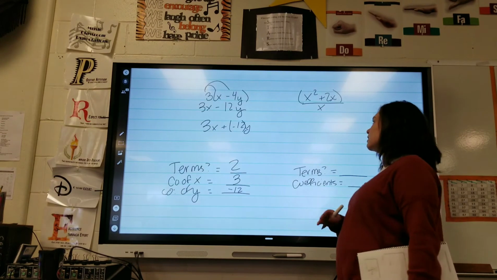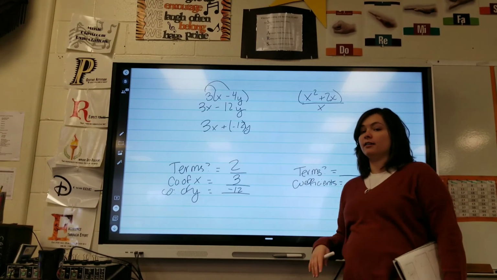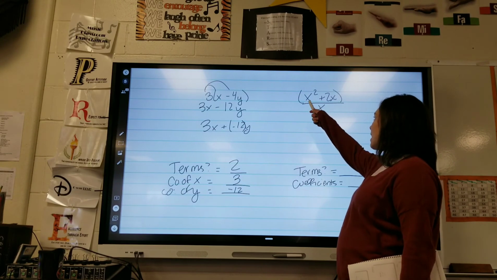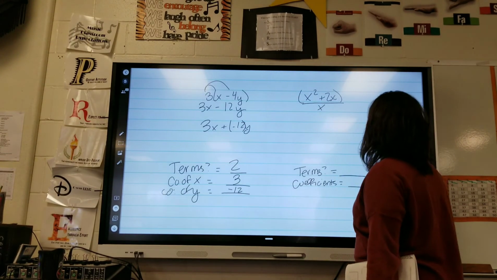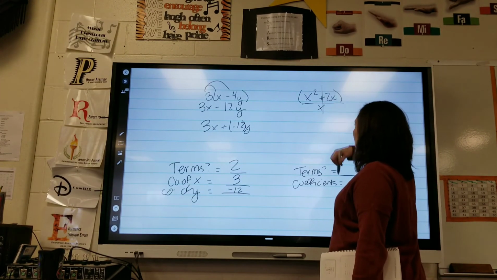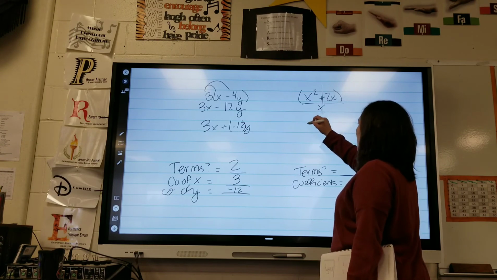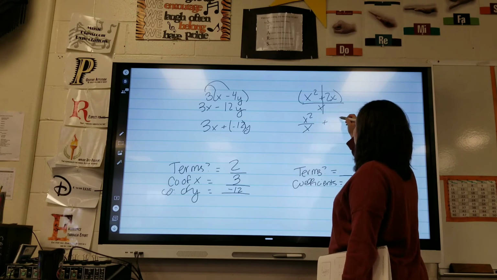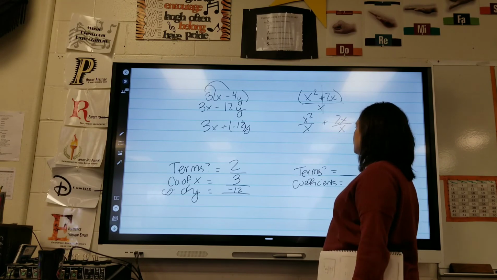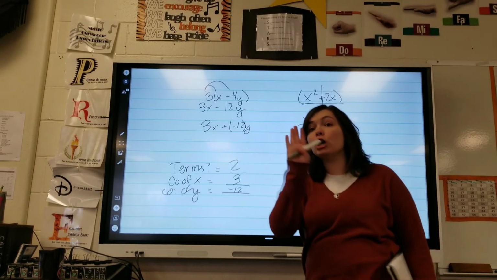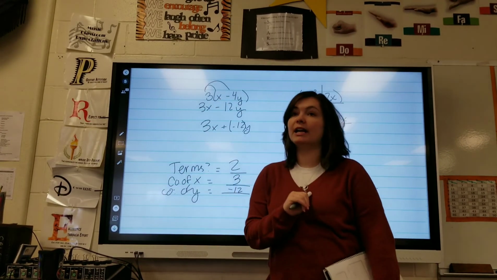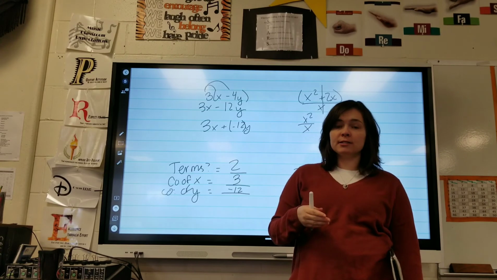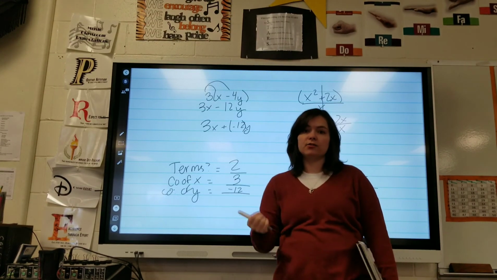Rather than even making it into a fraction and multiplying and distributing, I just take the x and I put it to both terms. So if I separated this out, okay, I would get x squared over x plus 2x over x. And then if you remember a long time ago, not too long, but we went over these properties for exponents and rules, I guess, for exponents.